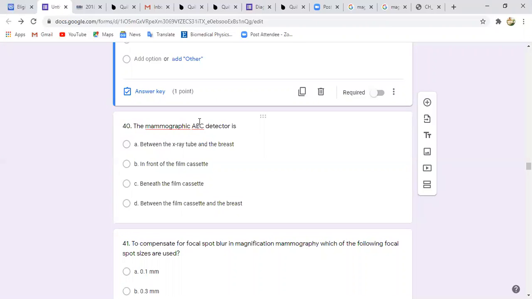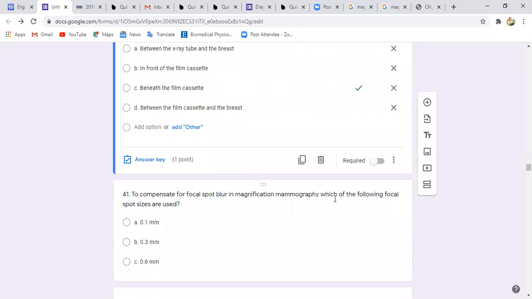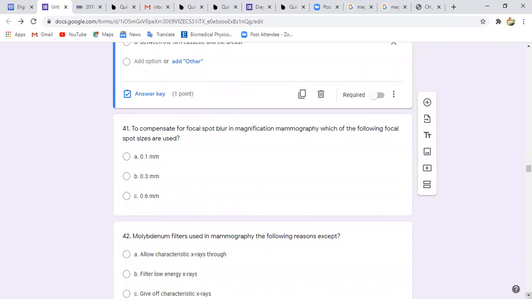If it is cast on the film, it can introduce some very troubling artifacts. At the end of the day, only God knows, after the patient might have gone through a biopsy, it is discovered that it wasn't actually cancerous tissue. So it is in place beneath the film cassette, just to make sure that the image is not cast on the film. To compensate for focal spot blur in magnification mammography, which of the following focal spot sizes is used?